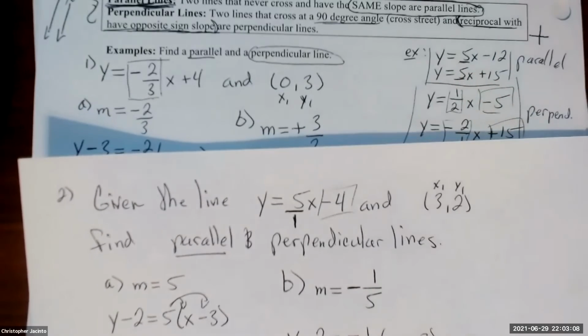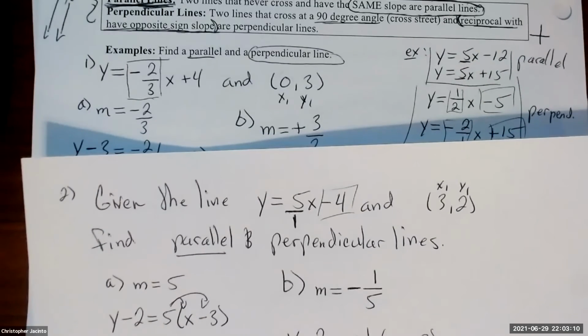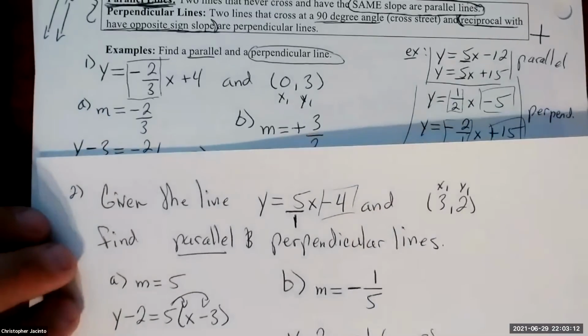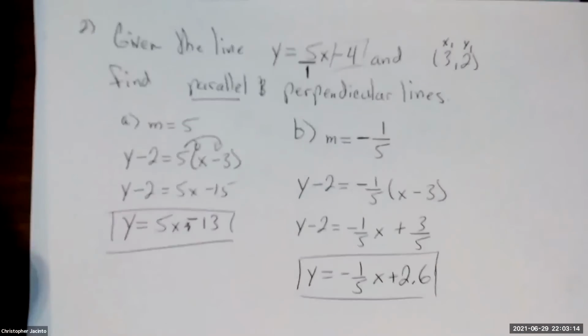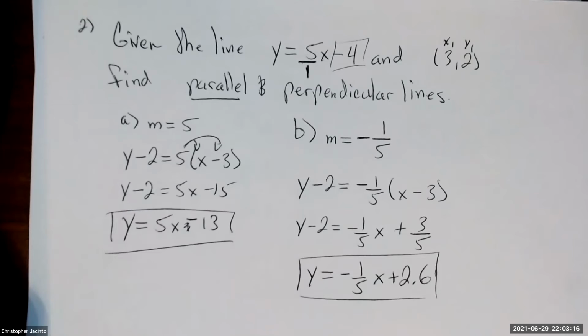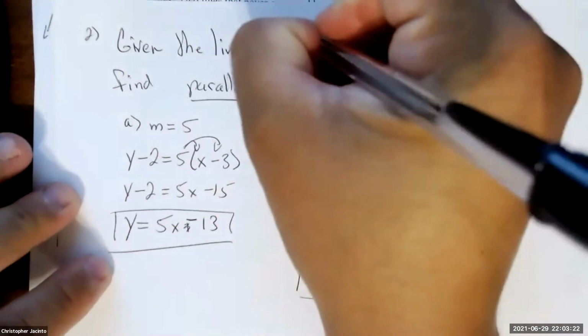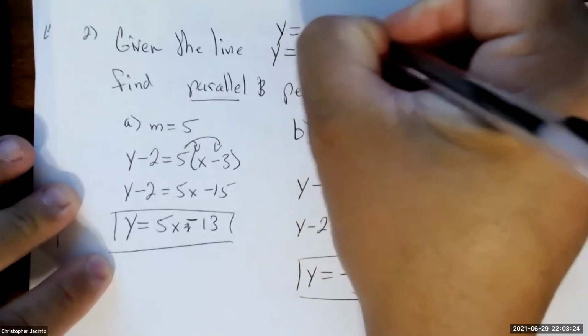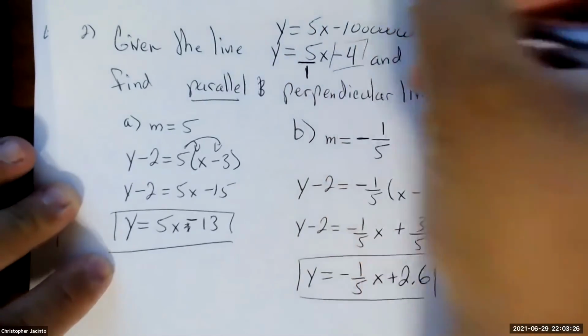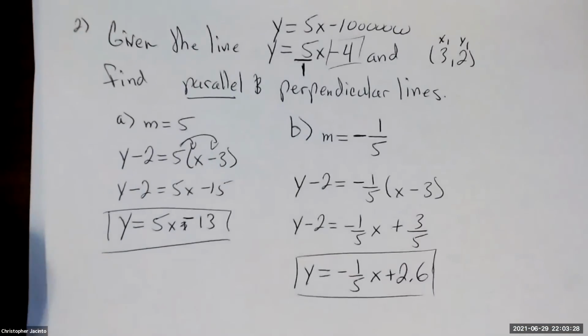Right, because it could be any other number. Exactly. This could have been 5 billion, and these two would still be it. Yeah. So I could have done this like this, and you still would have gotten these two lines. This number doesn't affect it at all.